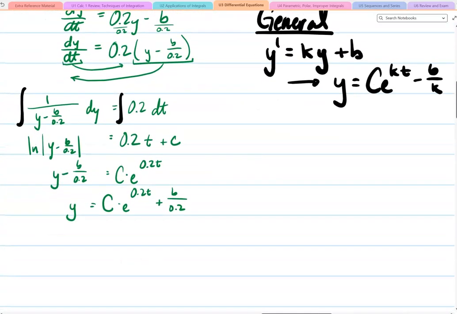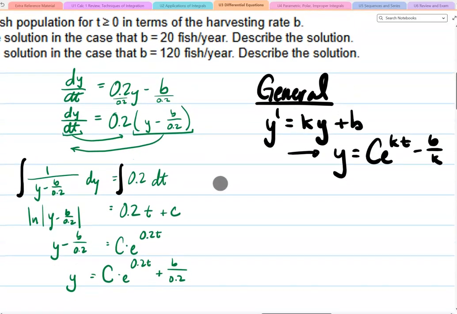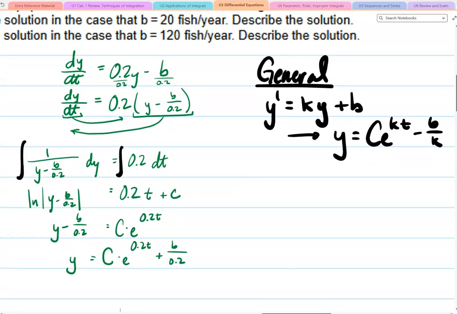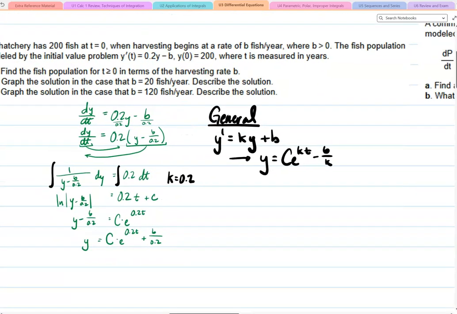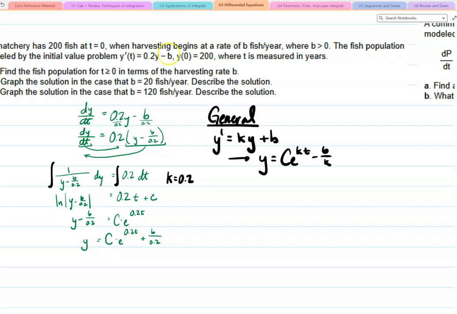And so in this particular problem, our k was equal to 0.2, our b value is still unknown, but I've got to be careful here. Oh, but we had a negative b up here, so b is negative b.